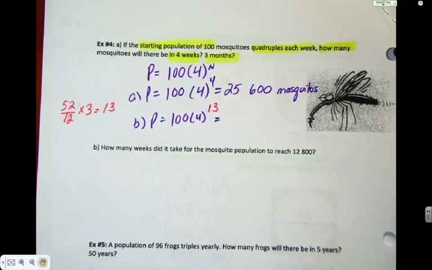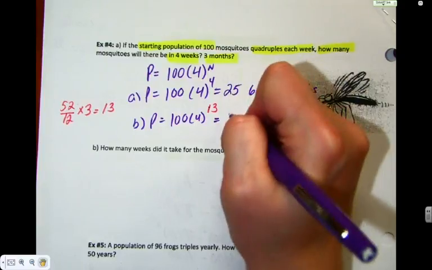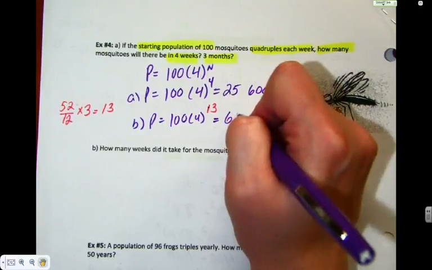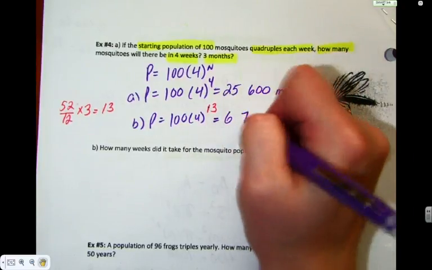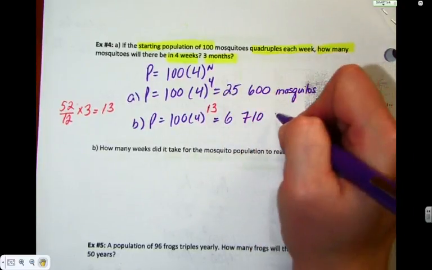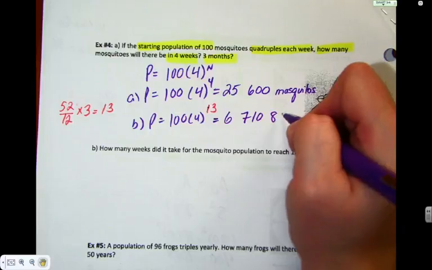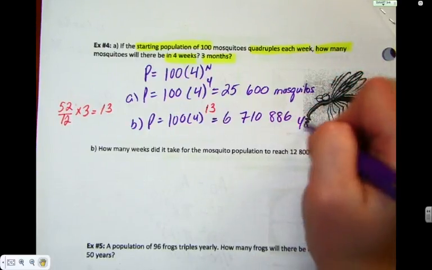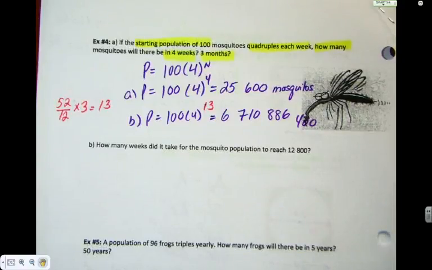Well, give me the digits, then we can break it into groups of 3. 6,710,886,400, confirm.